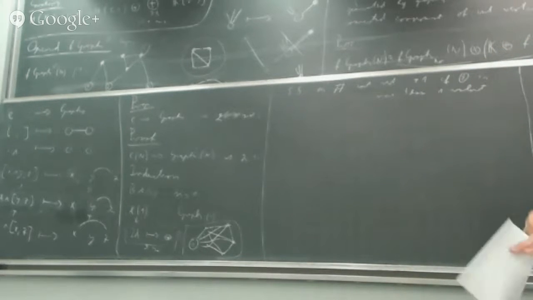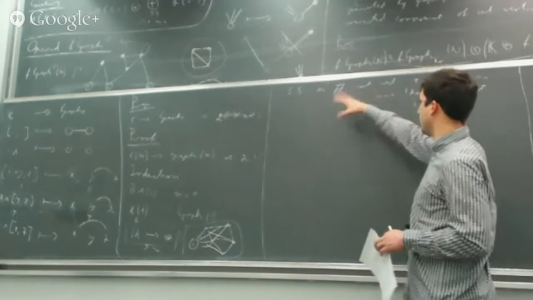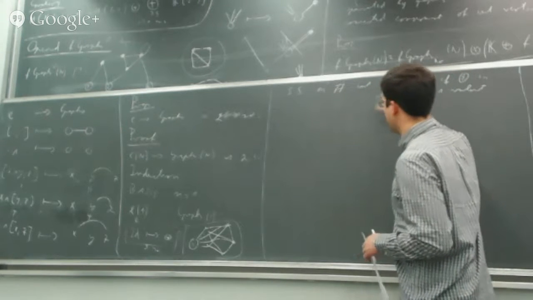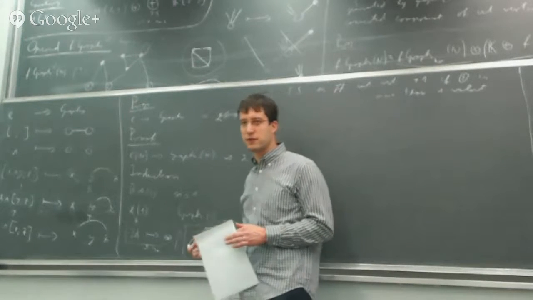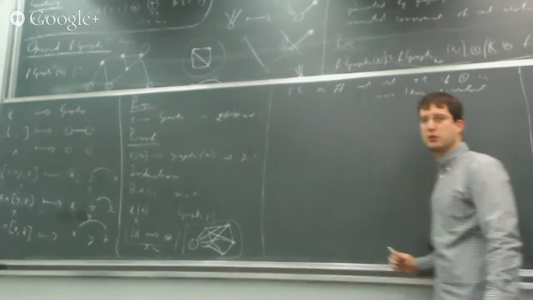So I'm counting the number of internal vertices, and I also count this if it's not one valent. If it is one valent, then I don't count it.